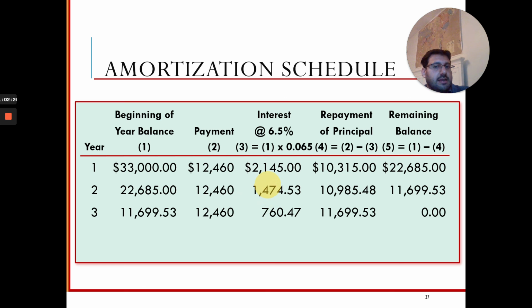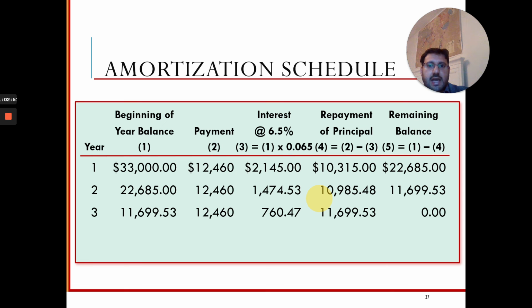And obviously, because the annuity payment remains constant, if the interest payment is getting squeezed down, then the principal payments start increasing. So this is how we work with the amortization table, or amortization schedule, as most people also call it.